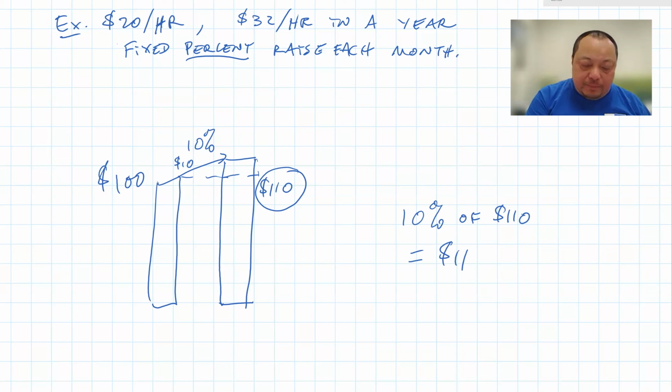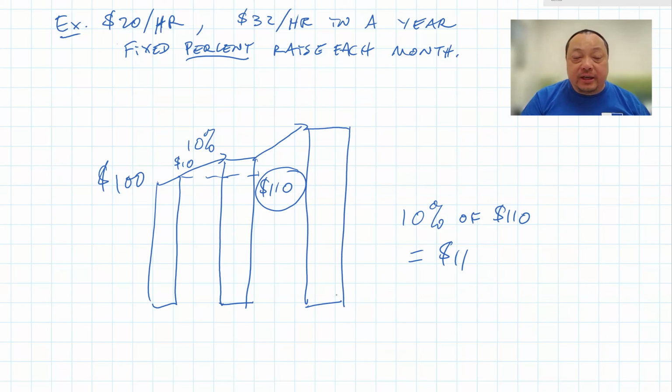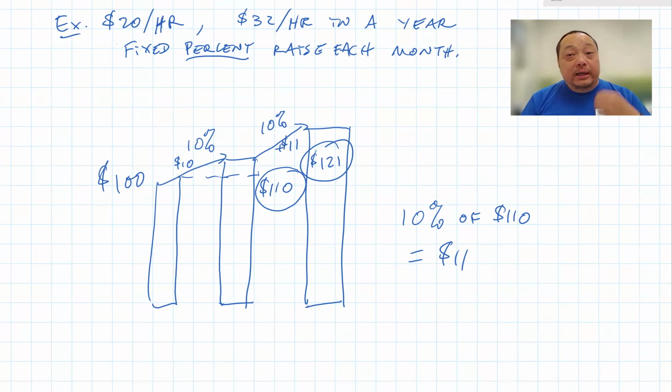So that means I go up a little bit more. And 110 plus 11 is 121. So this 10% is actually a raise of $11. And I do another 10% on top of that, that's $12.10.